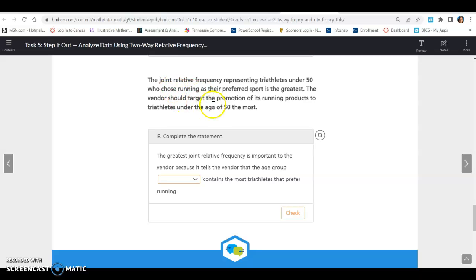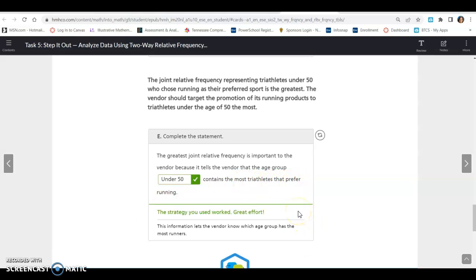The vendor should target the promotion of its running products to triathletes under the age of 50 the most. The greatest joint relative frequency is important to the vendor because it tells the vendor that the age group under 50 contains the most triathletes who prefer running. All right, that's all for task 5. If you have any questions, let me know.